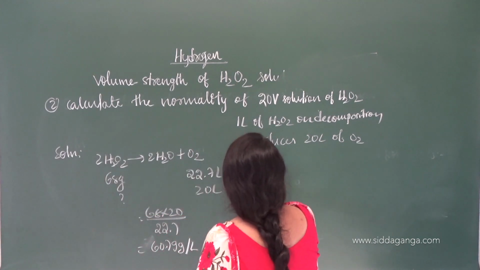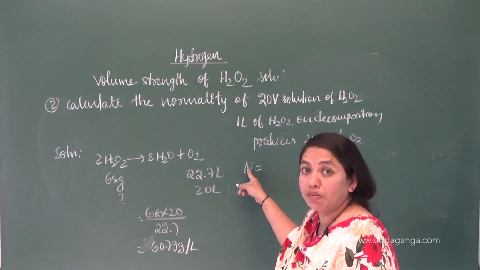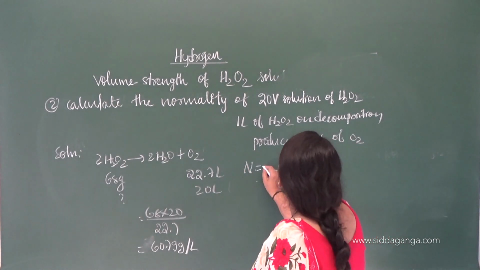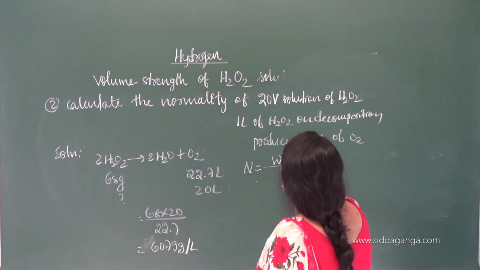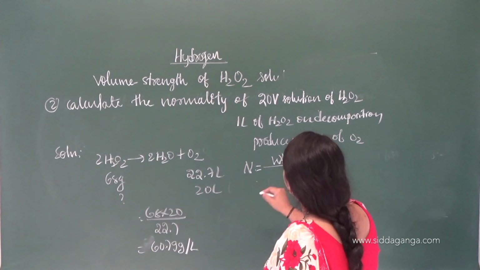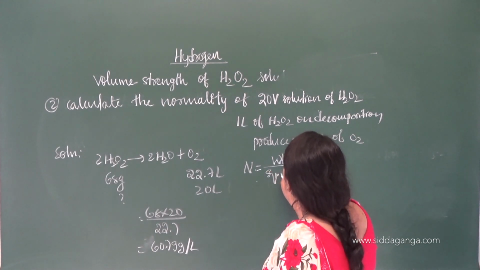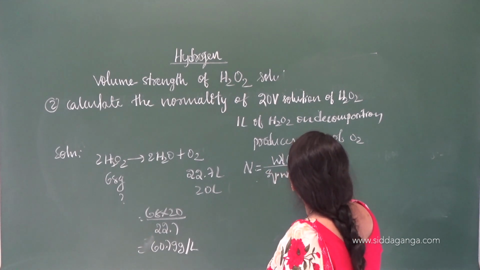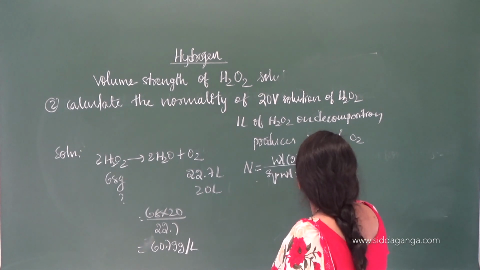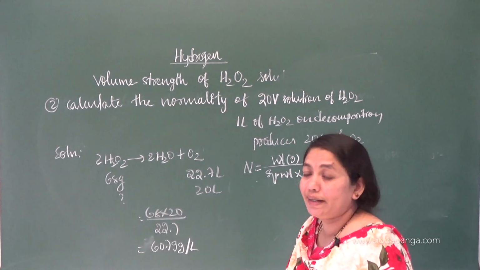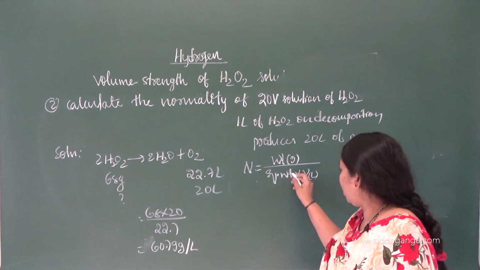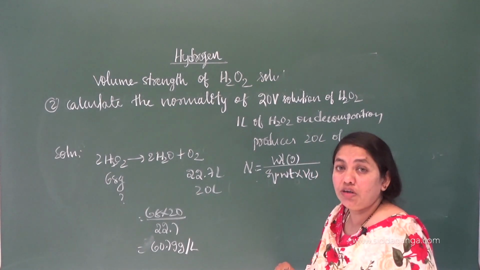We know that normality is represented by the formula: normality is equal to weight of the solute in terms of grams divided by equivalent weight into volume in liters. You have to keep in mind this equation, very important.